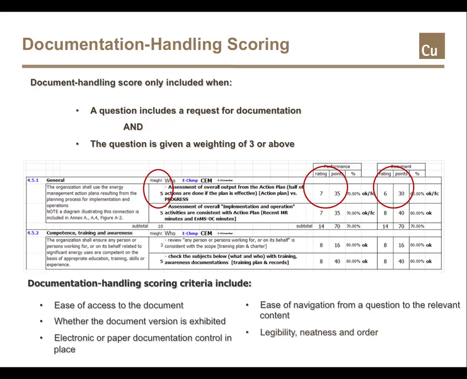Looking at performance in progressing the energy management action plans, the auditors have awarded a rating of 7, given a score of rating times weighting of 35. However, the auditors have only awarded a rating of 6 for the document handling related to progress on the action plans. Rating times weighting is equal to a score of 30 for document handling.